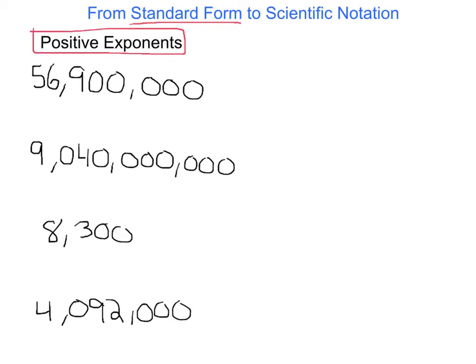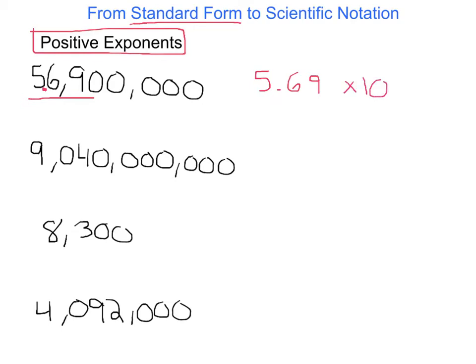So to write scientific notation, you always look at the front numbers, and we're going to put a decimal after the first number. 5.69, and we write all of the non-zero numbers. And then it's always times 10.